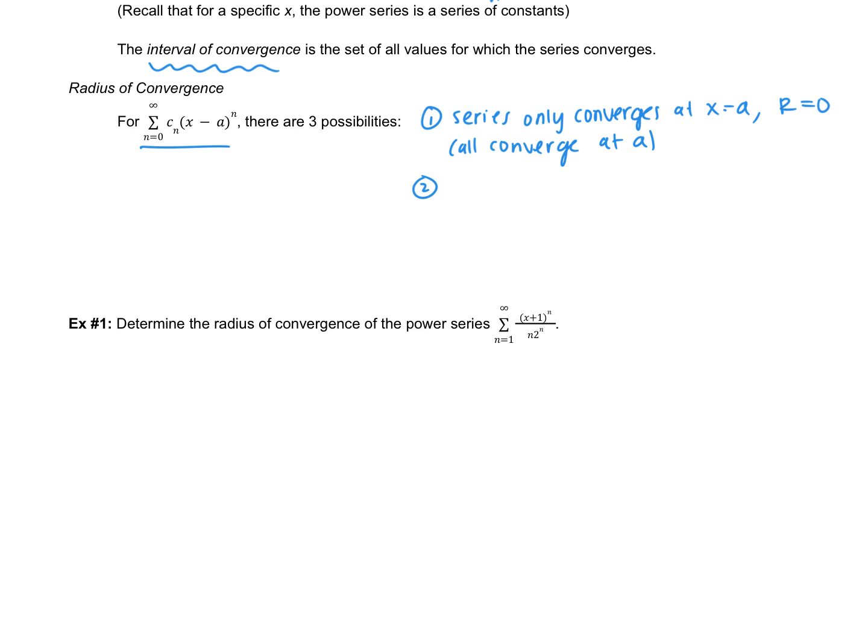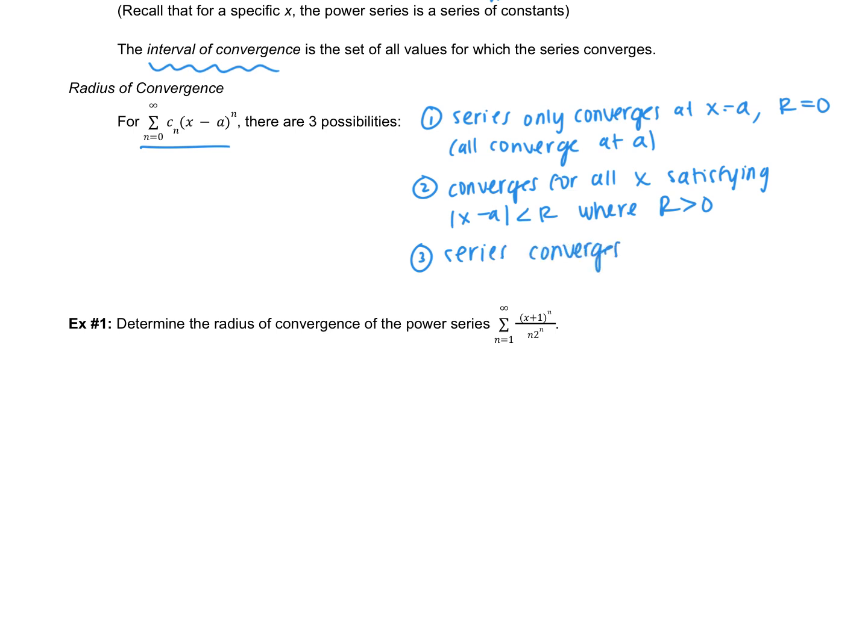Other possibility is that our series converges for all x satisfying the absolute value of x minus a is less than r, where the radius is greater than 0. Or last option is that the series converges for all x, in which case our radius is infinity.